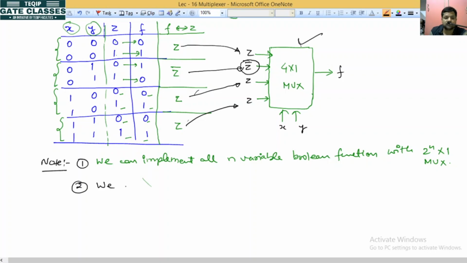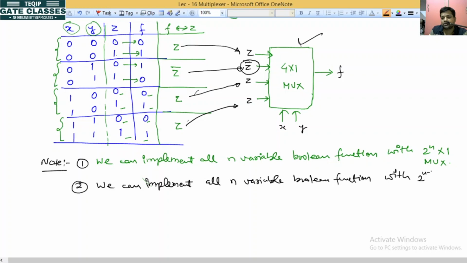So we can implement all n variable functions with a 2 to the power n minus 1 cross 1 mux and a NOT gate. Okay?